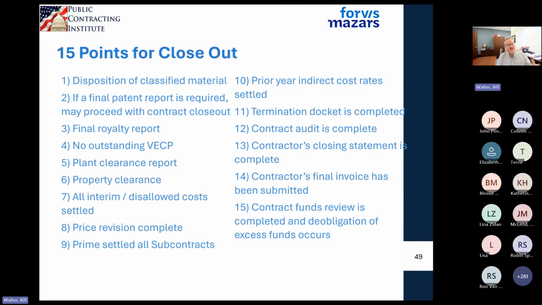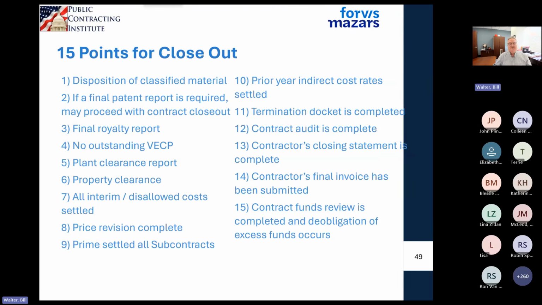At the end of the day, the contractor has to submit an invoice that's marked final that tells the payment office that this is the last cost plus invoice we're going to get on this contract. And when they do that, there are closing statements, there are releases of claims, they go with that final package. So a lot of administrative effort to make sure that everything that's included in all those provisions of a cost type contract are cleared out at the end of the day.